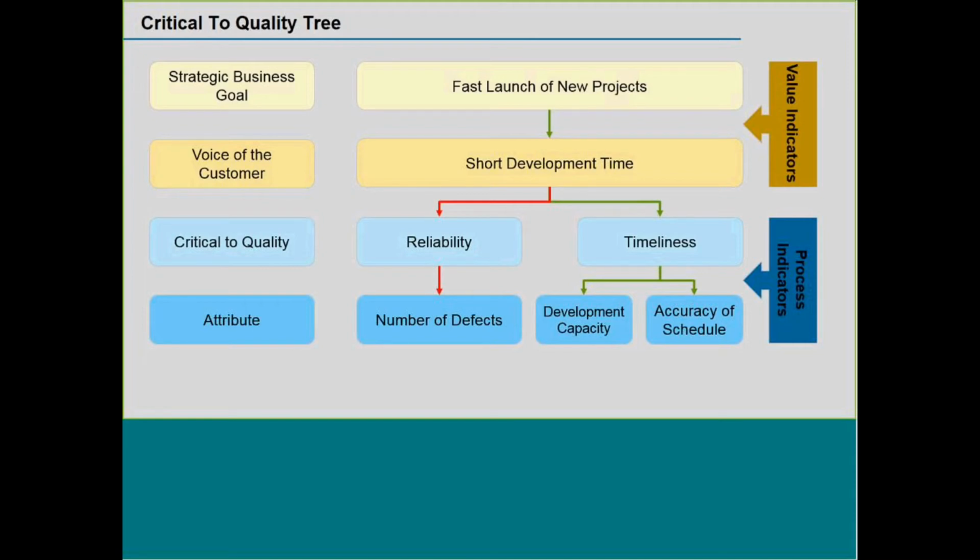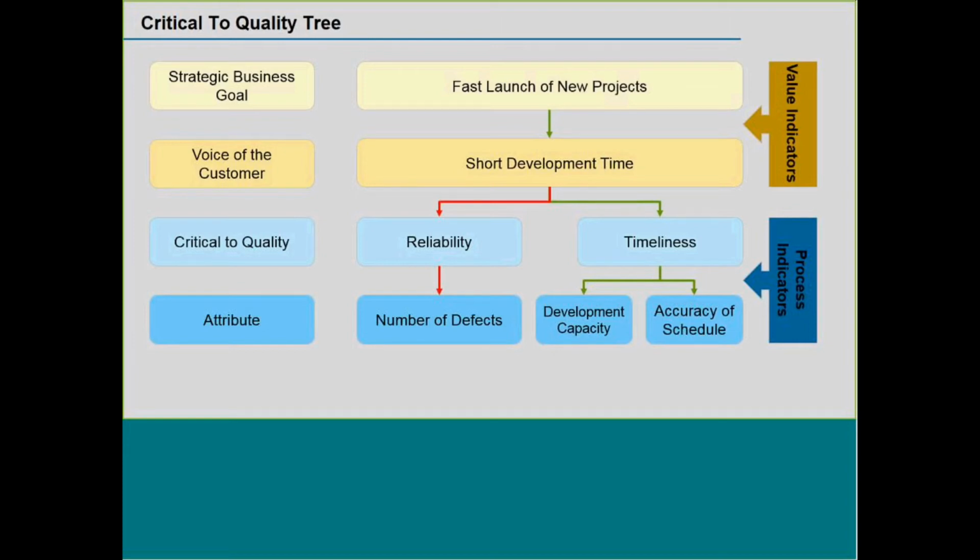Now, on the red line side, the side that isn't necessarily value defined by our customer under a short development time, is that reliability side, right? If we launch a product quickly, which is what our customers appear to want with a short development time, but it does not work, it has defects in the product, our customer will not be happy.